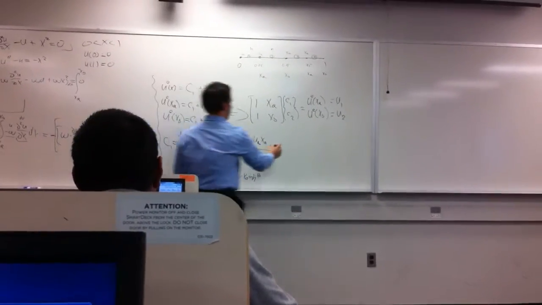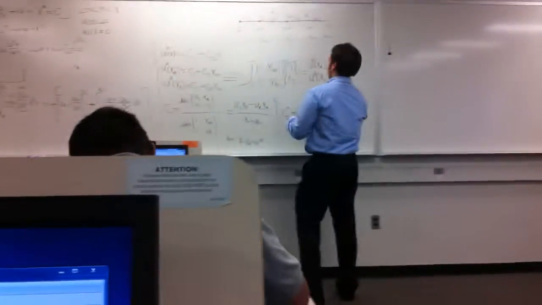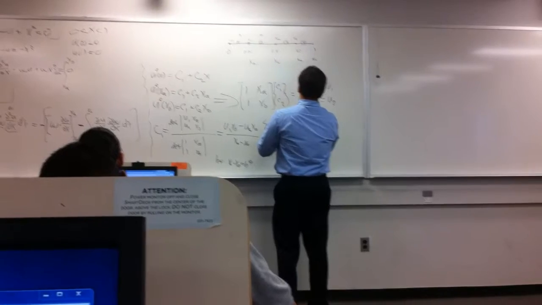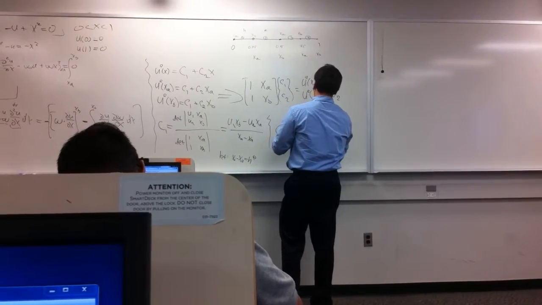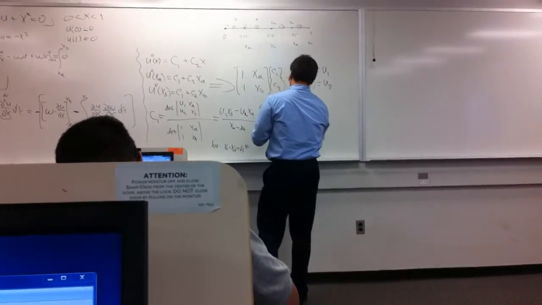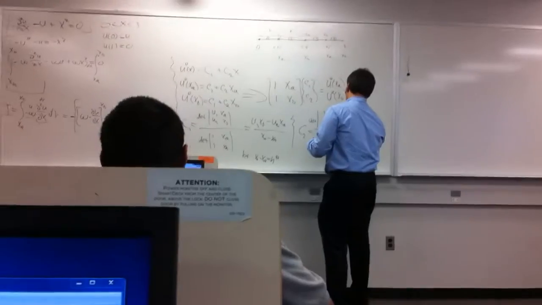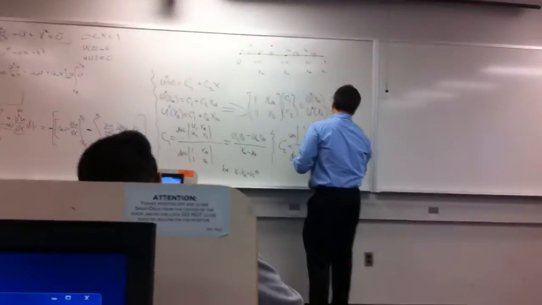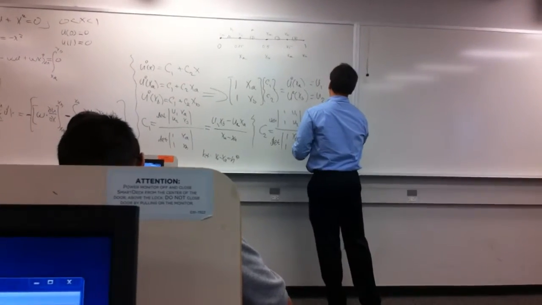And so similarly, you can solve for C2. That'll be the determinant of 1, U1, 1, U2 over 1, 1 XB, that's an H. U2 minus U1.